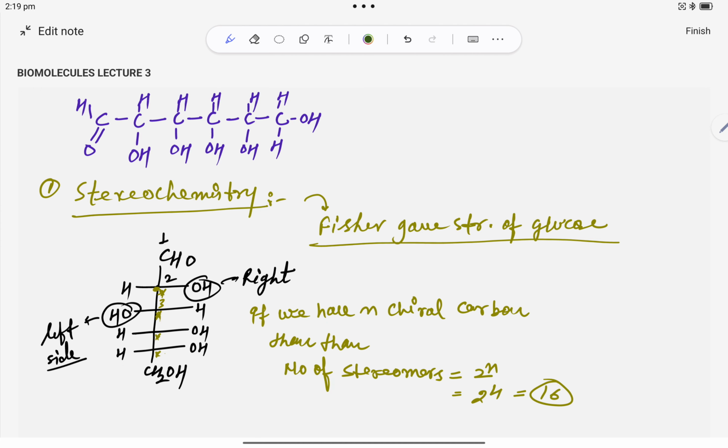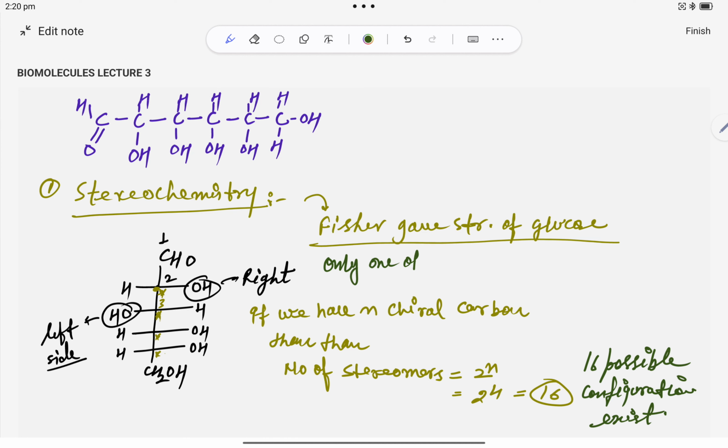What we can say, 16 possible configurations exist. In the 16 possible configurations, children, only one of them is plus D glucose.